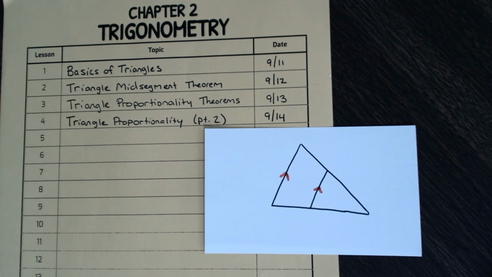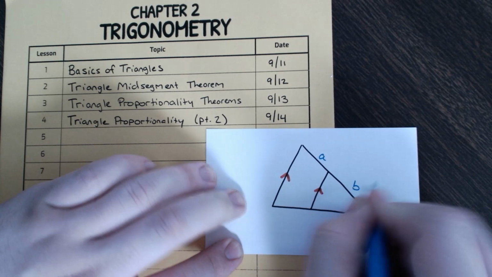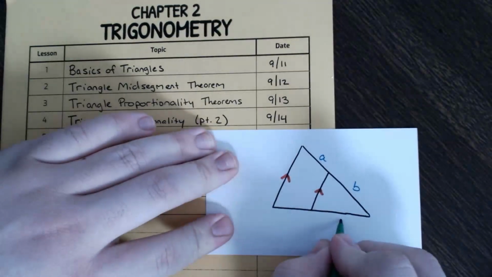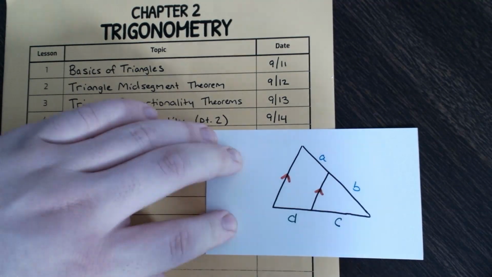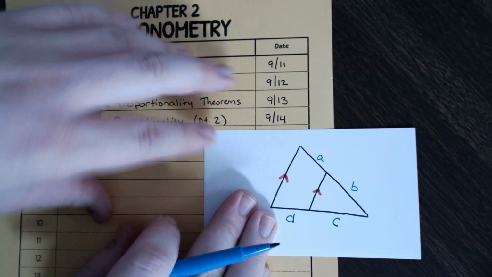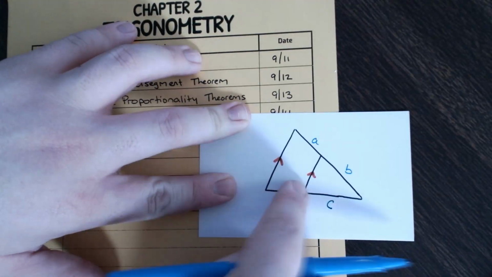Well, it divides those two sides proportionally. So if I call these A, B, C, and D, the proportion comes almost like this is a large triangle and a little triangle.